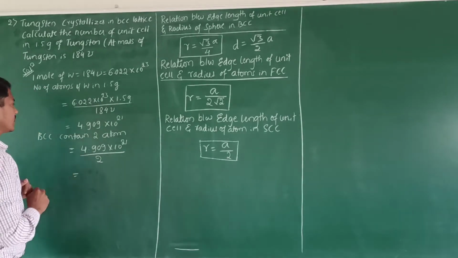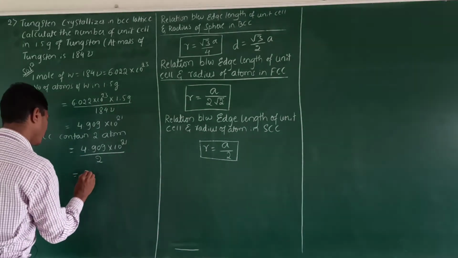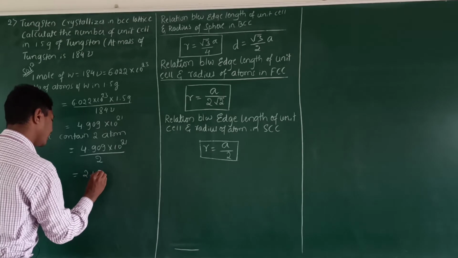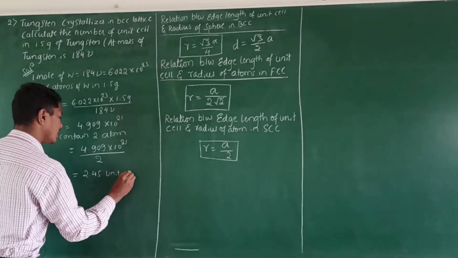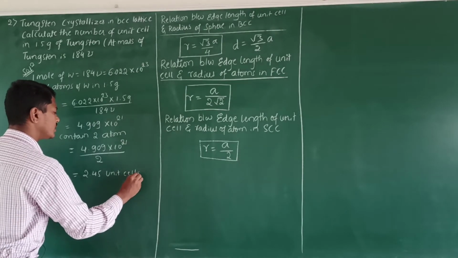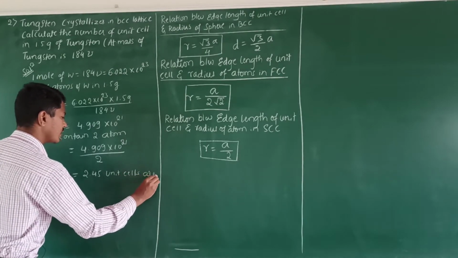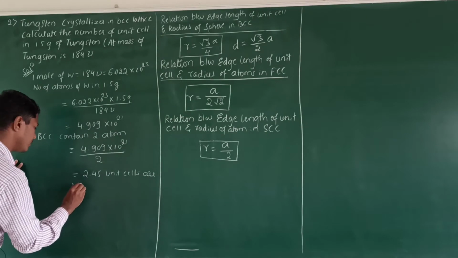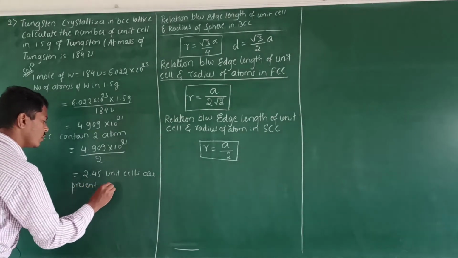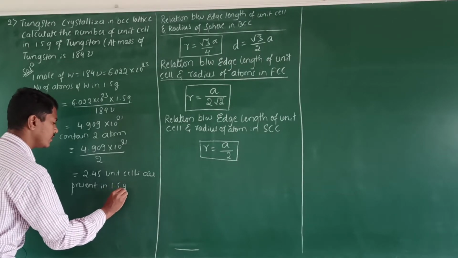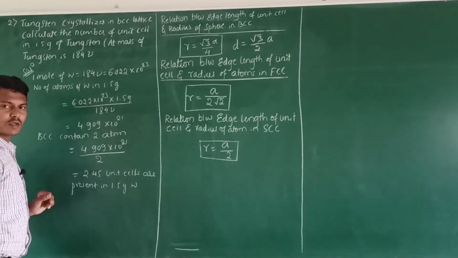We are getting the answer now. How much? 2.45 into 10 to the power 21 unit cells are present in 1.5 gram of tungsten. Got this?